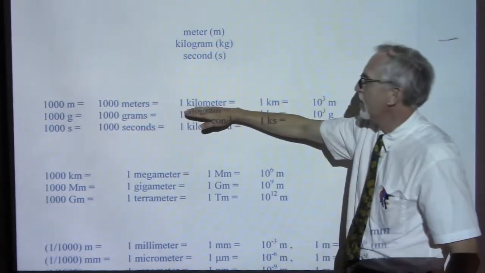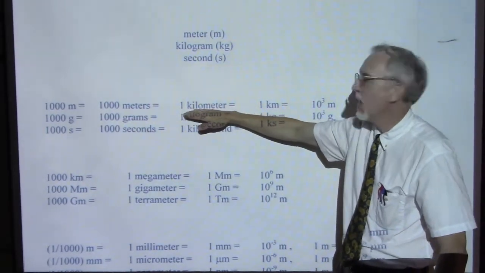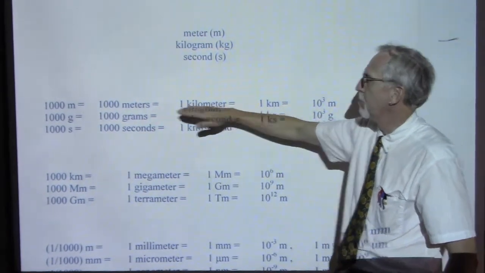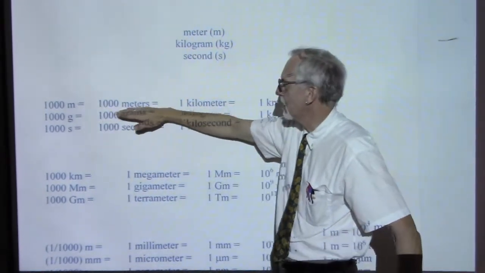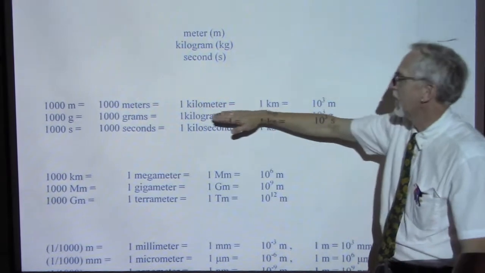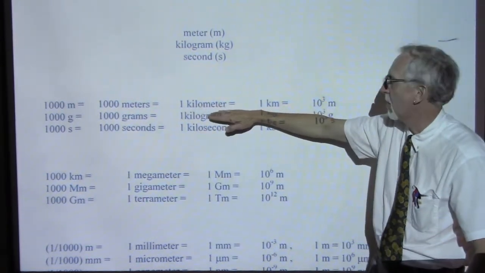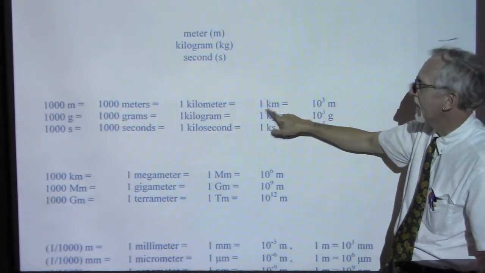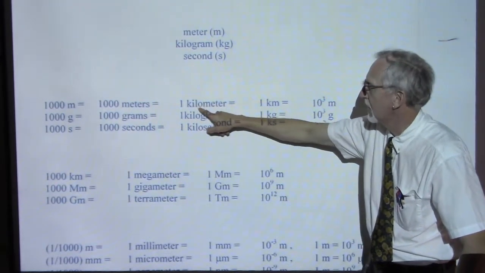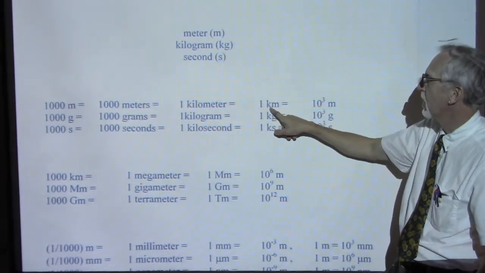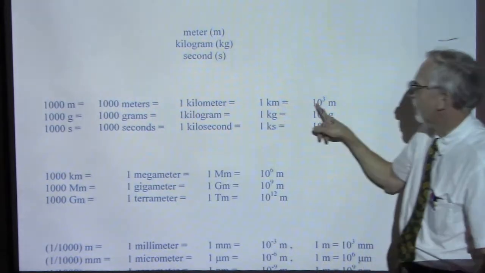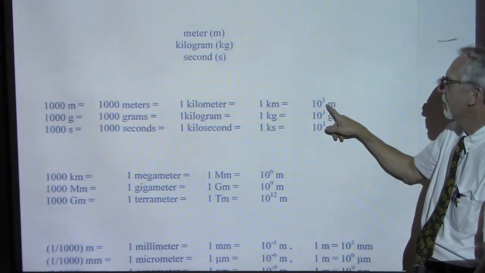For 1,000 meters, we use the prefix kilo, and 1 kilometer means 1,000 meters. So 1,000 meters we write as 1 kilometer, 1 km. K is the prefix for kilo. 1,000 is 10 to the 3, so 1 kilometer is 10 to the 3 meters.